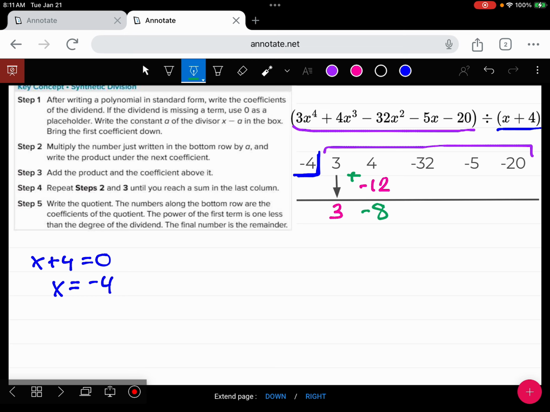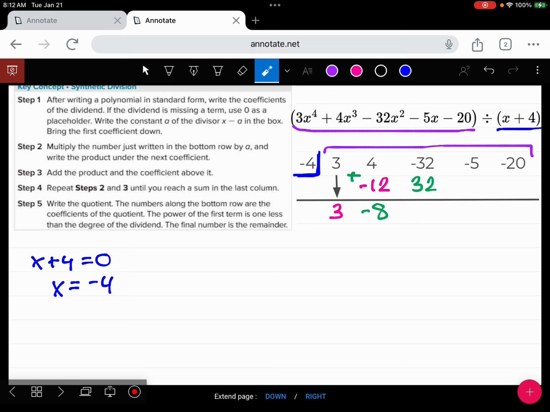Then we're going to do it again. We're going to take our bottom times the left and put it under. So we have our negative 4 times our negative 8, and that's going to give us a positive 32. So we put a positive 32 under here.